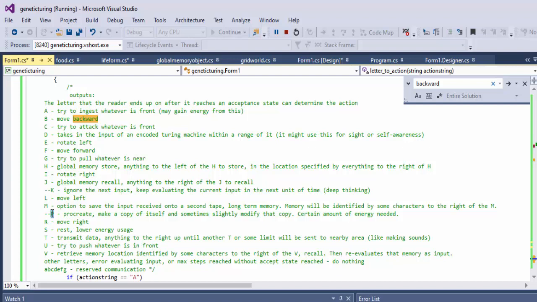I just wanted to give them a choice. But then I thought, well, life forms, I don't think they choose when to procreate. It just happens.